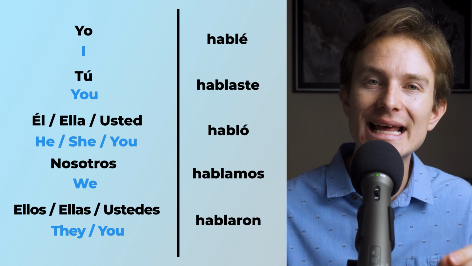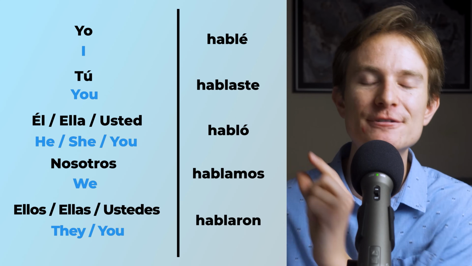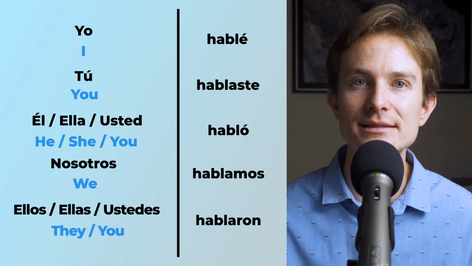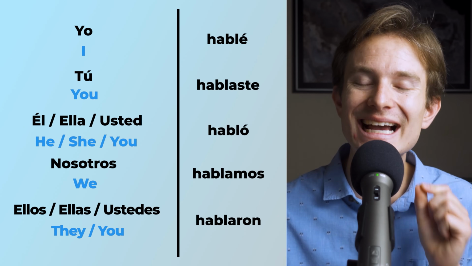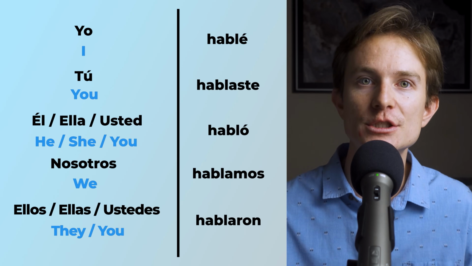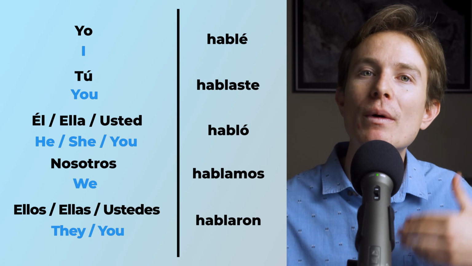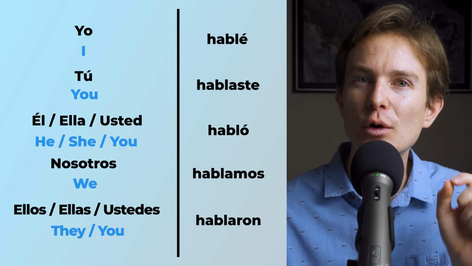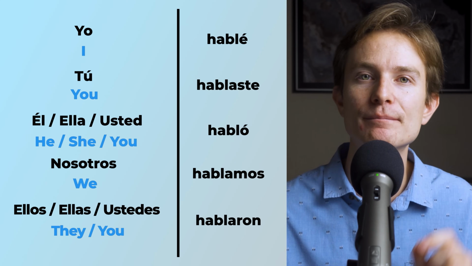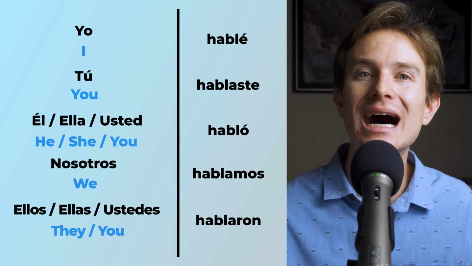Whereas if I want to say él habló, I need to put the emphasis on that o at the end. In Spanish, the natural emphasis on a word falls on the second to last vowel. So in the word hablo, when there's no accent on it, then the natural emphasis is on the second to last vowel, which in that case would be hablo, versus habló.